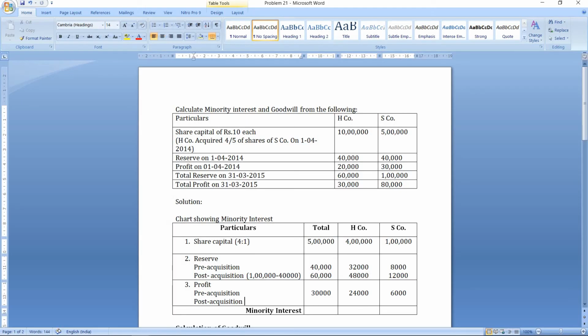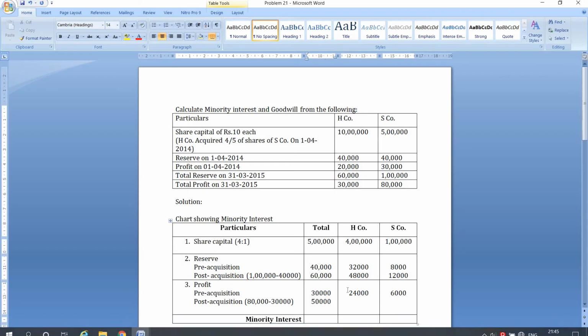So from 80,000, that is the profit at the end of the year, we are going to minus pre-acquisition profit, that is 30,000. So the total post-acquisition profit is 50,000.